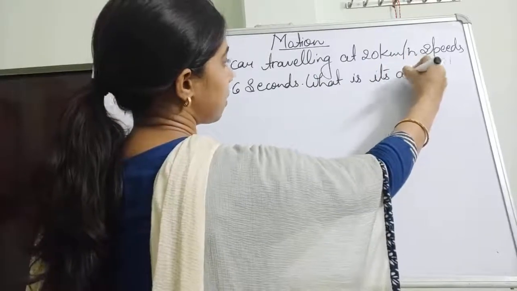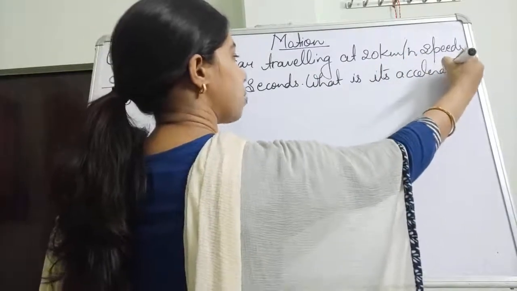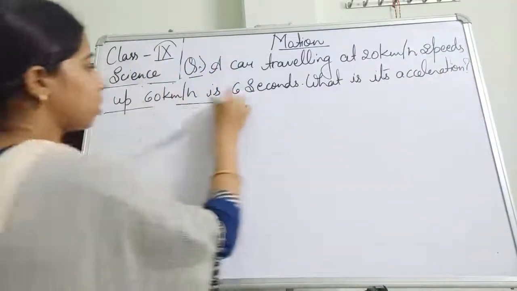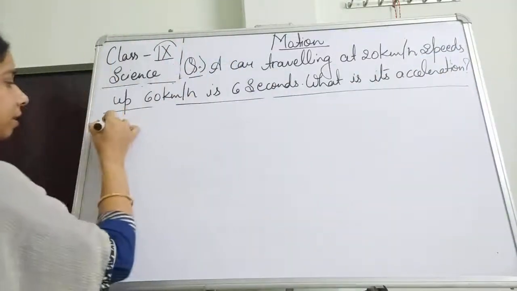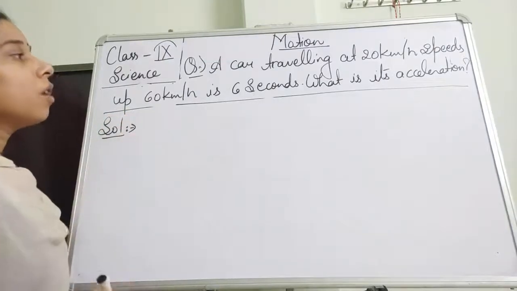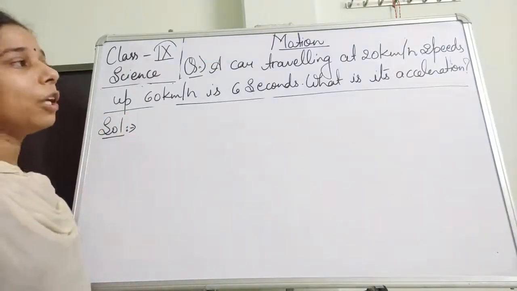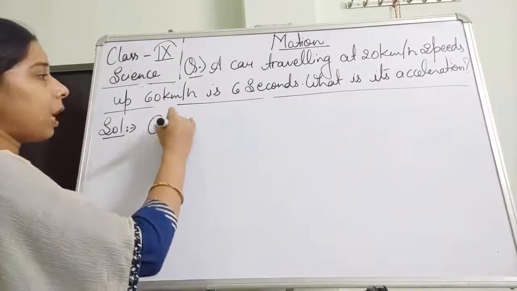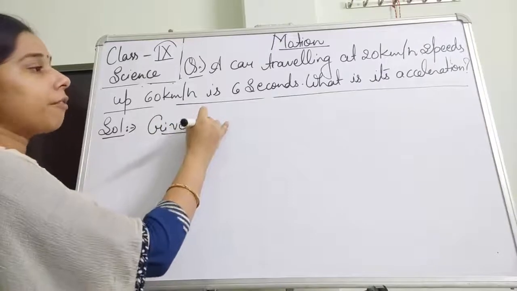What is its acceleration? So the car is traveling at 20 km per hour and speeds up to 60 km per hour in 6 seconds. We have to find the acceleration.